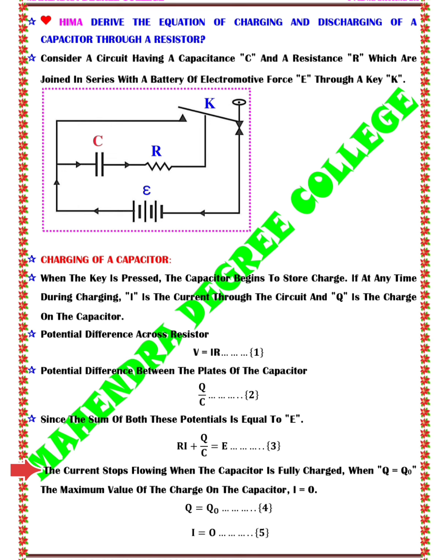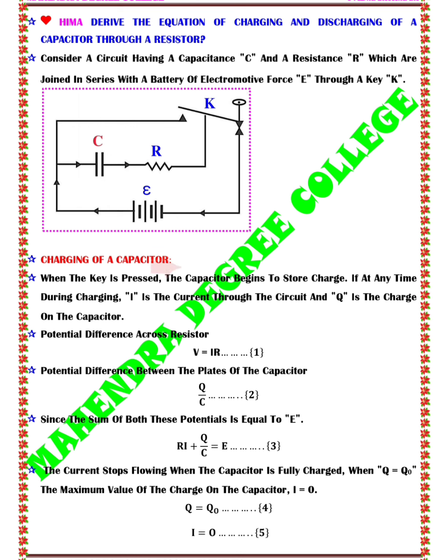Eventually, the capacitor reaches its maximum charge, Q equals Q naught. The voltage across the capacitor equals the supply voltage. No potential difference remains across the resistor. Therefore, no current flows in the circuit, that is, I equals 0.